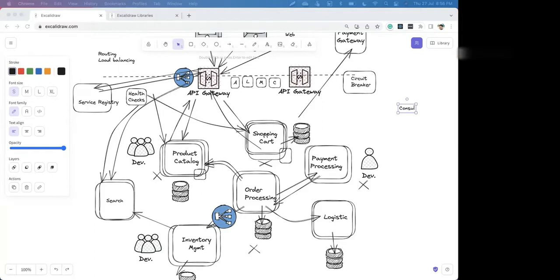Let's suppose I have one service which does addition, automatic calculation.